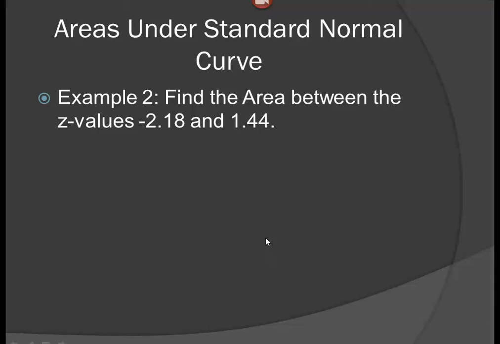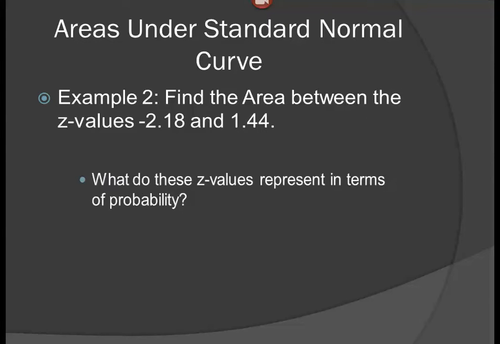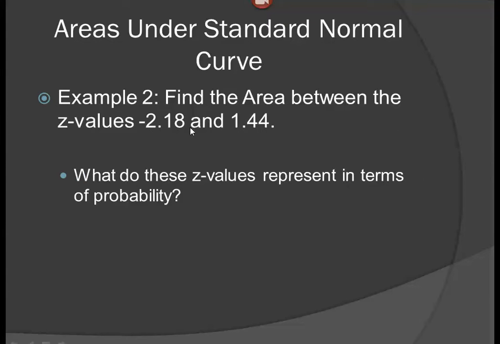So now, on your own, I would like you to find the area between negative 2.18 and 1.44. If you're working this on your calculator, you probably calculated the answer. I want to explore a little bit about what this means in terms of probability.